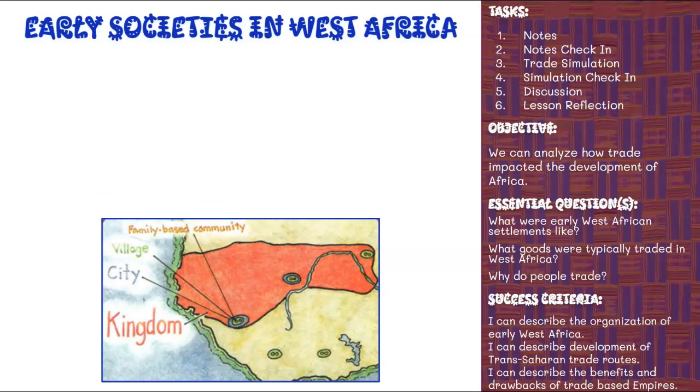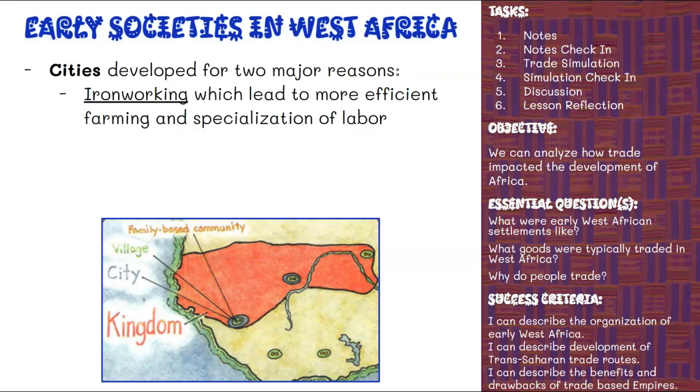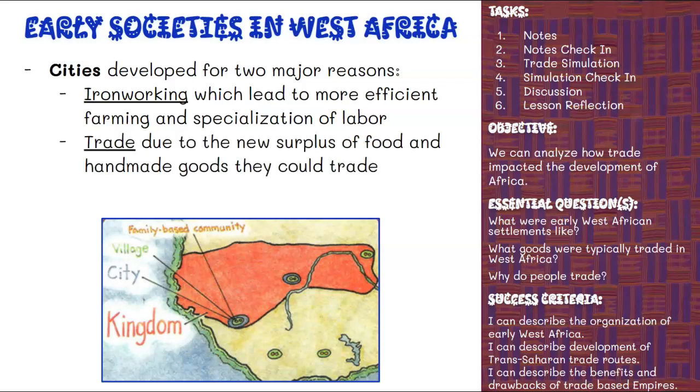So then we go from these family-based communities to villages, and now we're going to form cities. Mostly they're forming because of ironworking, which leads to more efficient farming and more specialization of labor, which again means that people have specific jobs. They're not all working on surviving. Trade is part of that specialization.